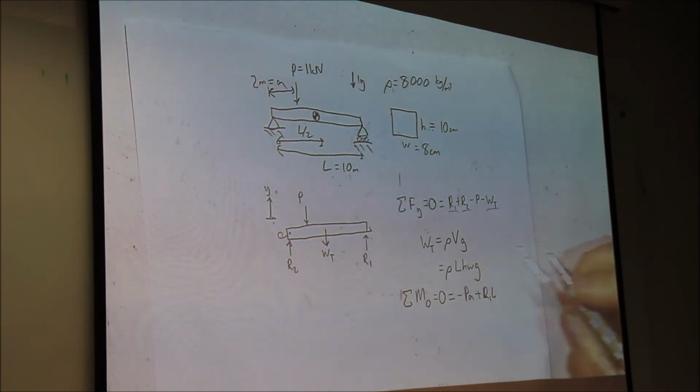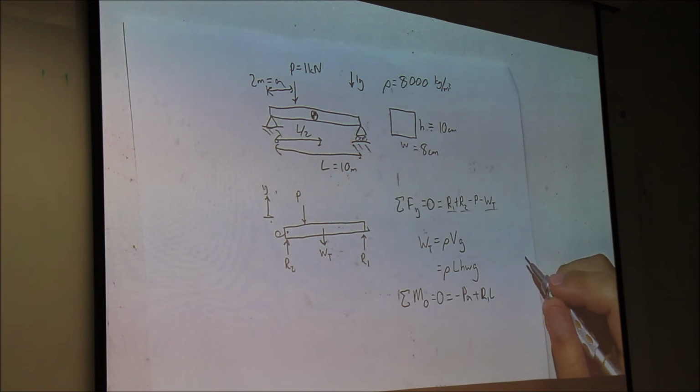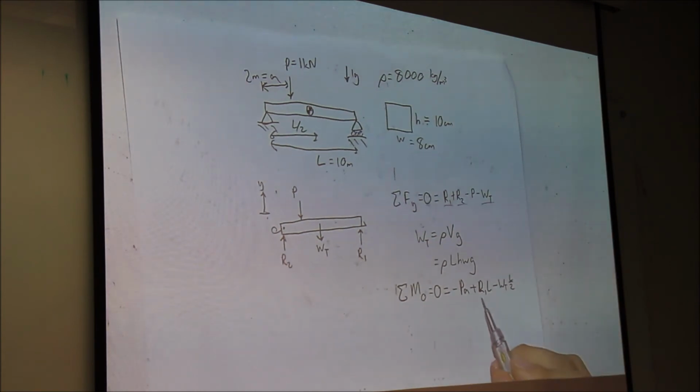What is the last one? There's one more moment. The weight. What's it going to be? WL over 2. Positive or negative? Negative. Negative weight total L over 2. Cool. And now we're trying to solve for R1.